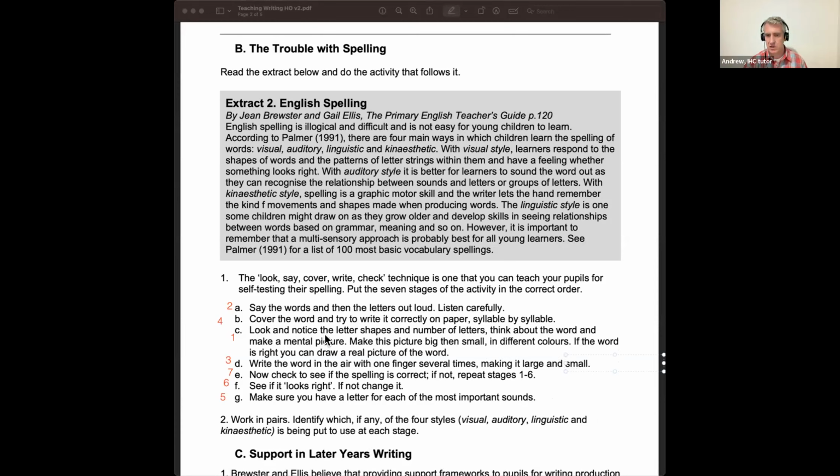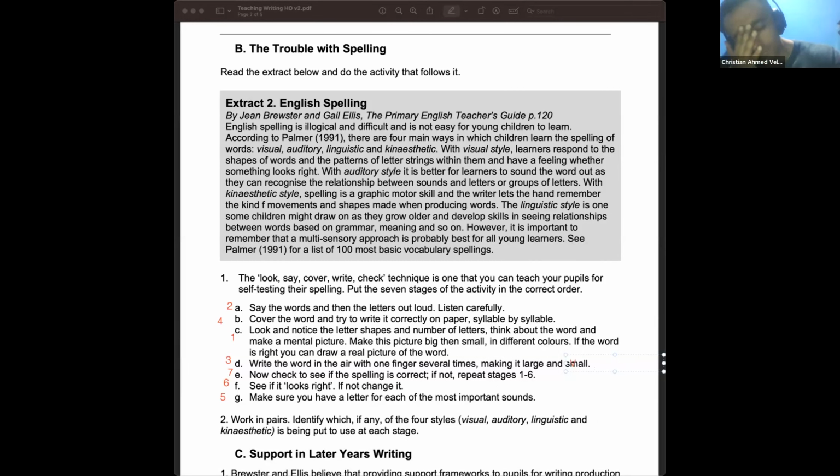Look and notice the letter shapes and number of letters. Think about the word and make a mental picture. Make this picture big and then small, in different colors. You can draw a picture of the word. So is that visual, auditory, linguistic, or kinesthetic? Visual.